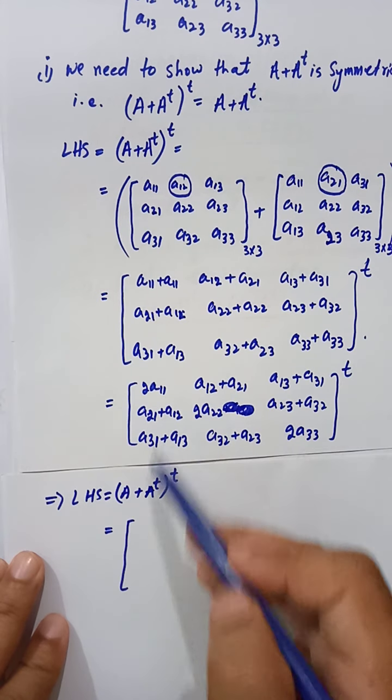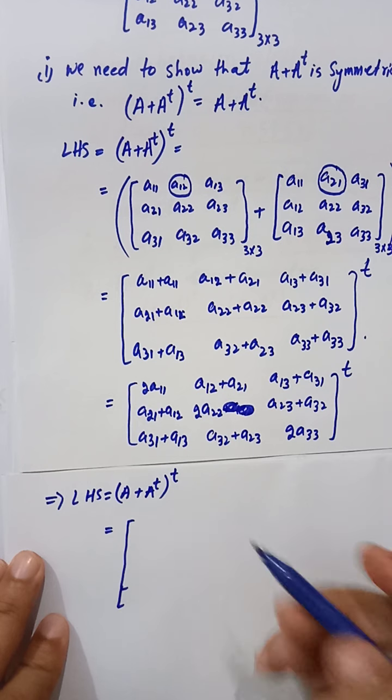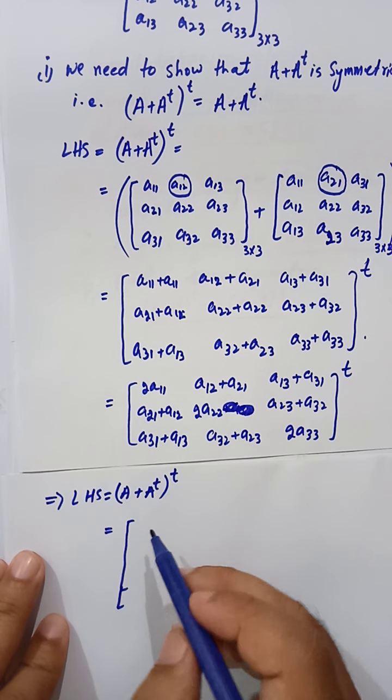So the rows must be converted into columns, or you may also convert the columns into rows. I am converting rows into columns.